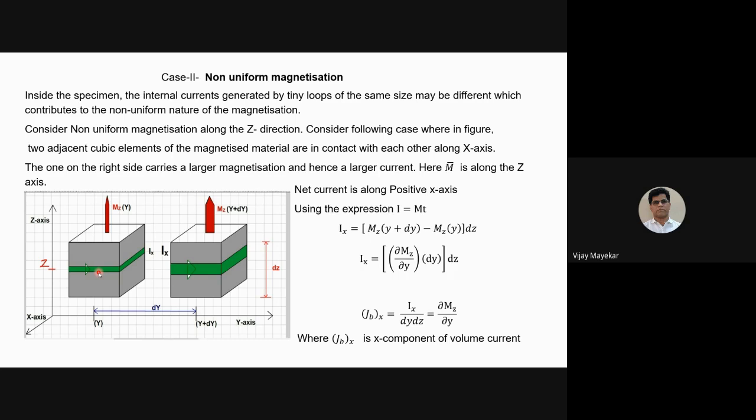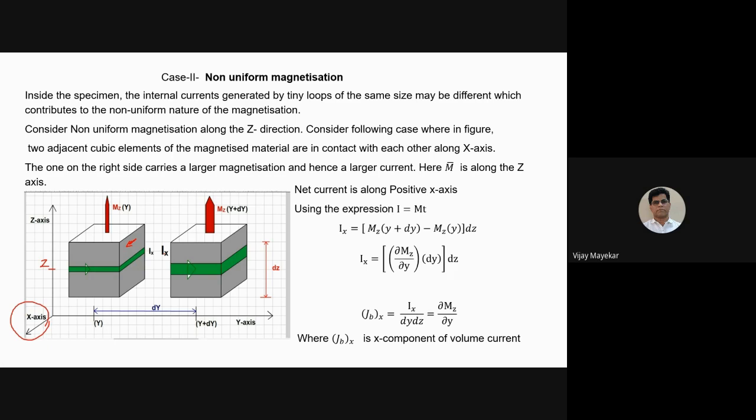Right now we consider this particular side, which is along the x-axis, and our positive x-axis is shown by this arrow. This is the side we are worried about, because along this side these two chunks are in contact with each other, or very close to each other.